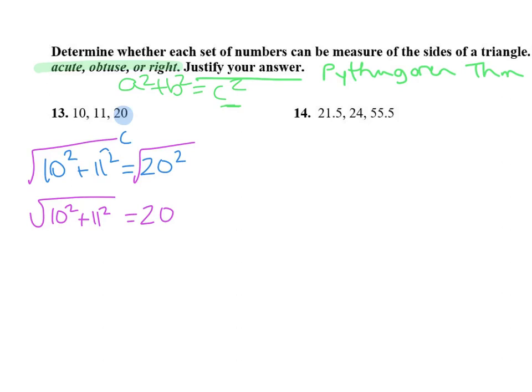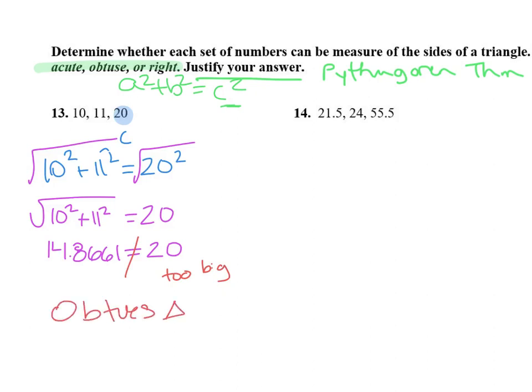When I type this in, I get 14.8661. And for it to be a right triangle, it needs to be equal to 20. Well, they're not equal. This 20 is too big, which means I have an obtuse triangle.